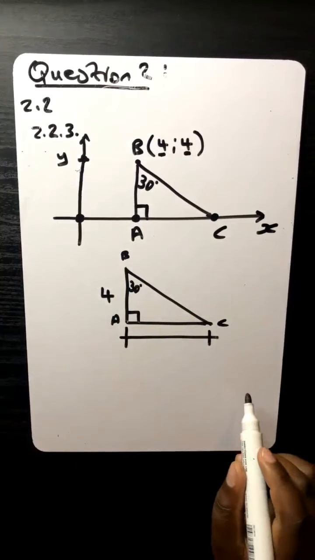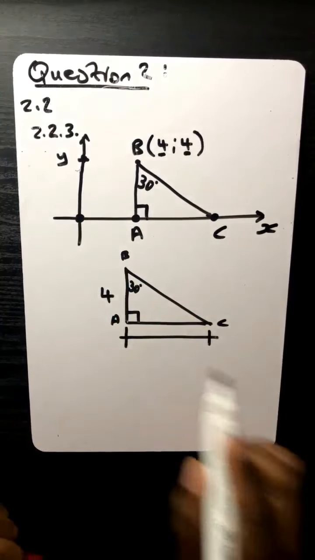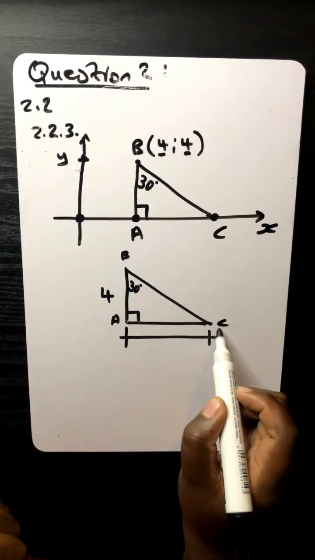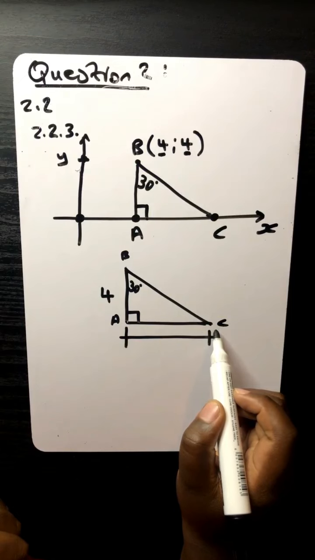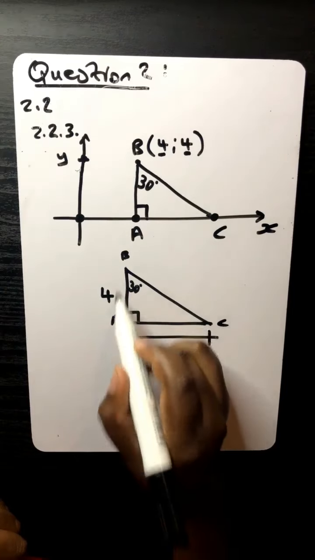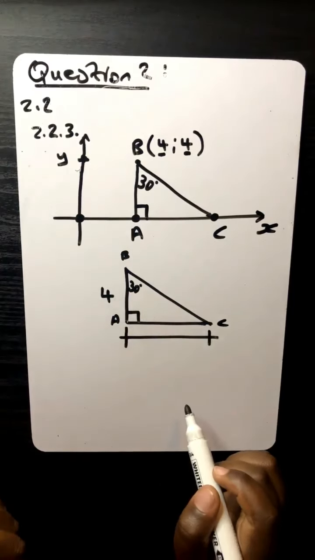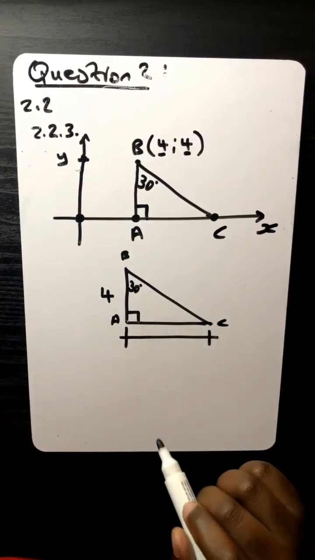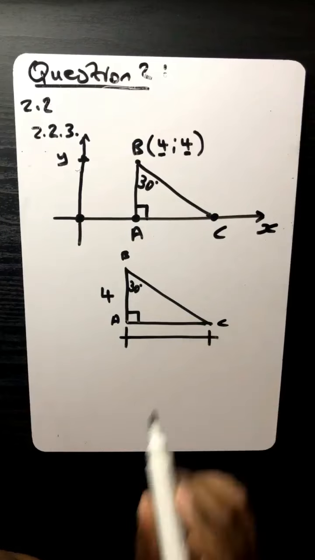Is it not possible to use sine to find AC? Because you know AC is the opposite. Is it even sine or tan? Which one is it? Seems to be tan, because you have adjacent, you have opposite, and you have the angle. So remember, guys, this is analytical geometry, but when you have a right-angled triangle, you apply those trig ratios.